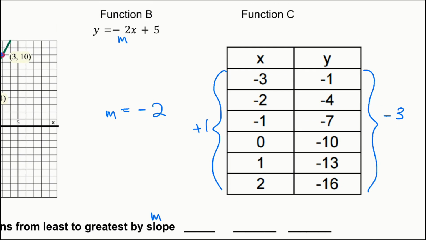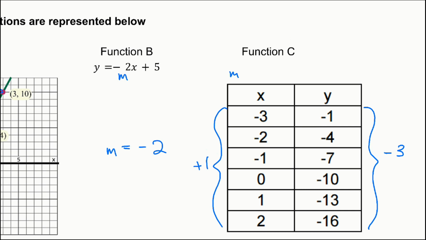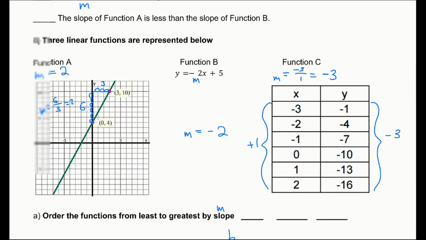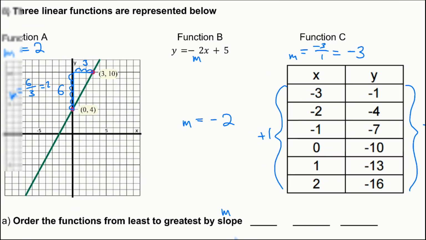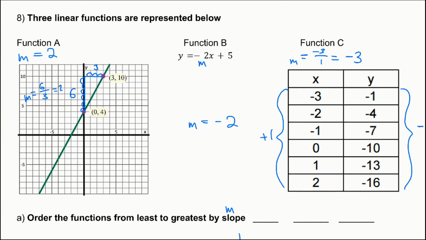So it's going to be negative 3 over 1, which is just negative 3. All right. So looking at our slopes, we've got 2, negative 2, and negative 3. Which one is going to be least to greatest by slope? That would be C, which is negative 3, B, which is negative 2, A, which is positive 2.